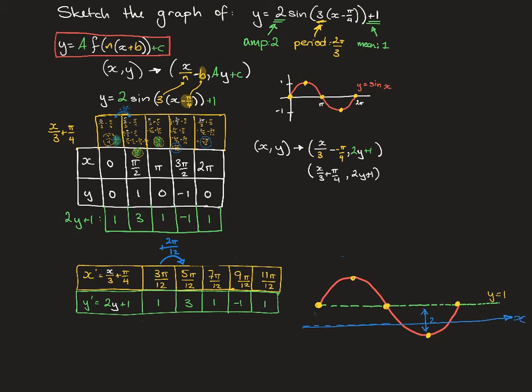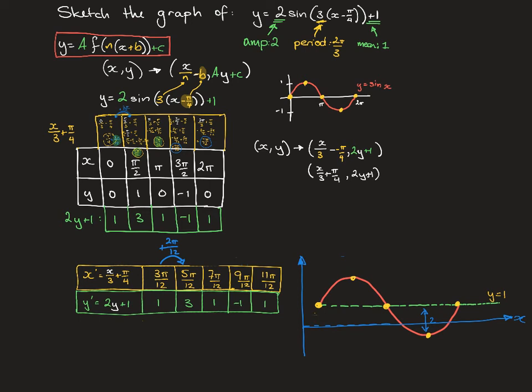We also know from our original graph up here that the starting position has been moved to the right by pi on 4, and so our starting point here is to the right of the y-axis, so I'm going to pop that in.